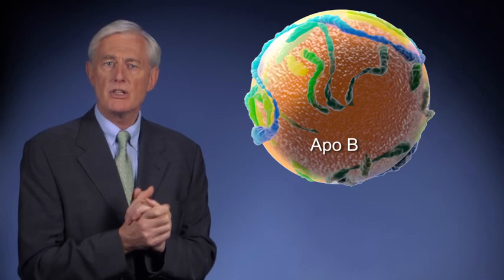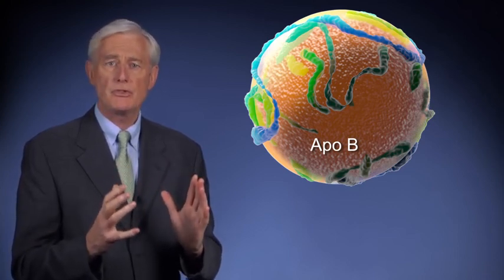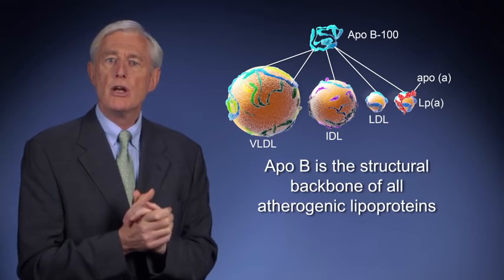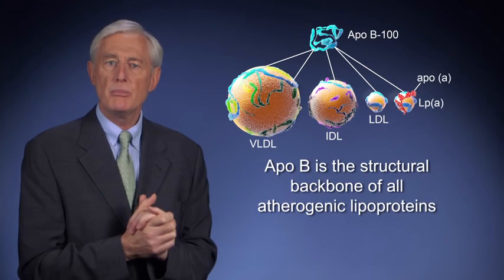ApoB, of hepatic origin, provides the structural backbone of all atherogenic lipoproteins, which include VLDL, IDL, LDL, and lipoprotein a. This is why ApoB concentration provides a direct measure of the number of atherogenic lipoproteins in the plasma.